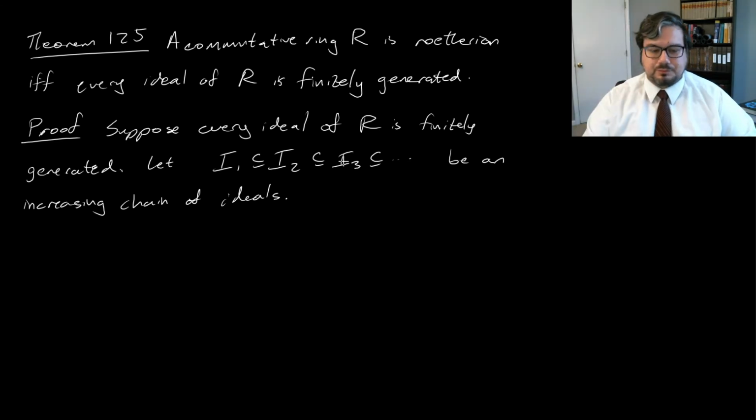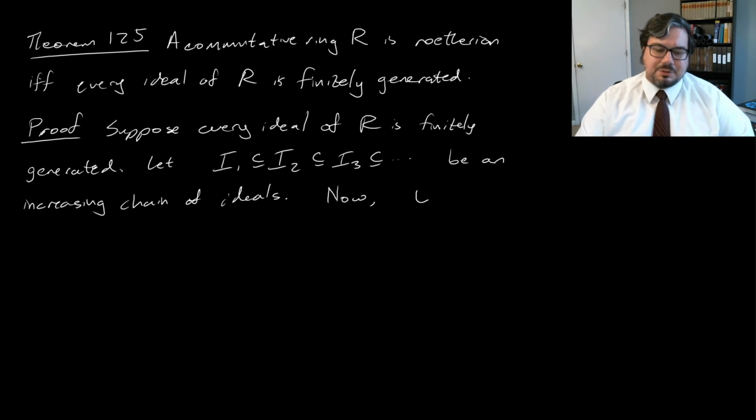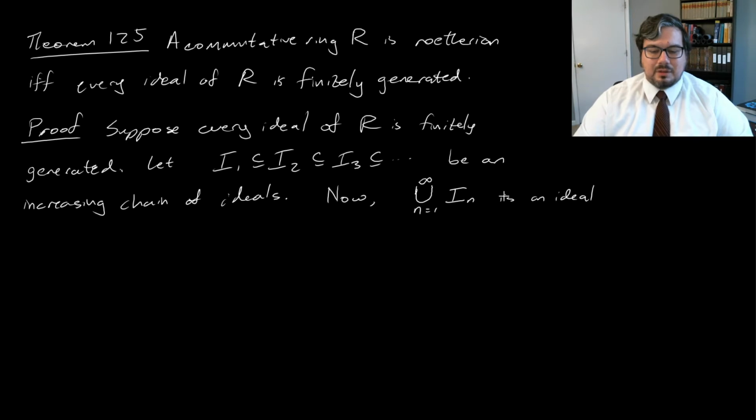Now, we've got this infinite sequence of ideals. What we can do is take the union of all of the ideals, and it turns out that this is an ideal, which is an exercise.